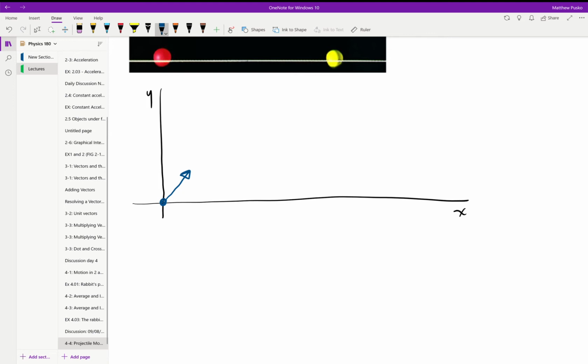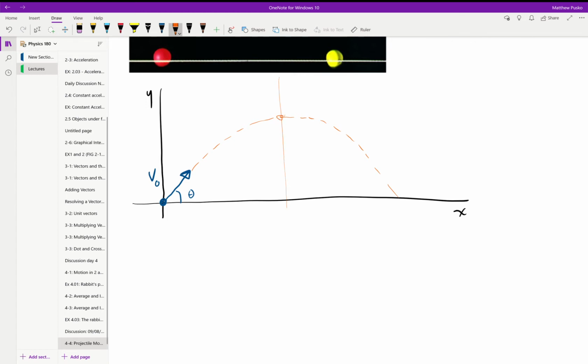It's going to have some initial velocity, call it v naught, and it'll be measured some angle theta from the x-axis. If we trace the path of this thing, we will get a parabola in space. So it's going to look something like that, and it should be symmetrical unless we have drag, and I'll talk about drag, but that's just a form of friction. So it looks pretty symmetrical. We could call that the midpoint.